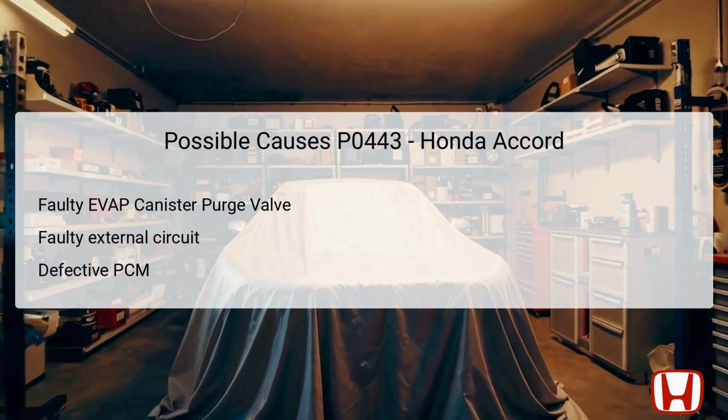If these circuits are damaged or shorted, the PCM will not receive the correct information to interpret the valve status properly. Lastly, a defective PCM itself could be at fault, manifesting faults within the internal circuitry that the vehicle relies upon for operation. Each possible cause must be examined to pinpoint the root of the problem.